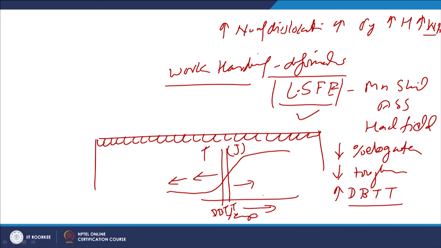In that case the material will lose its toughness and may fail in a brittle manner under impact conditions. So, this is one of the undesirable effects of increasing the hardness through plastic deformation or the work hardening based approach.